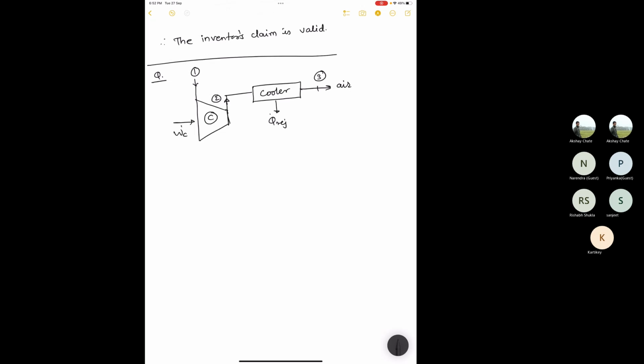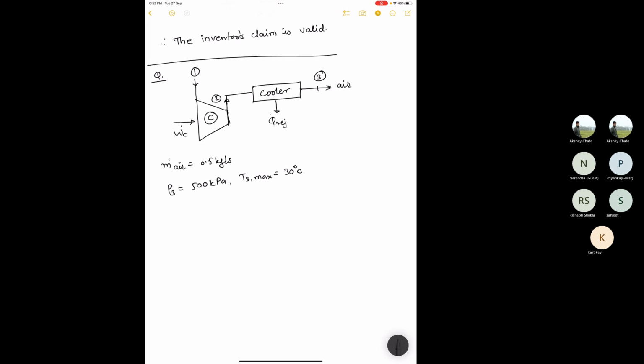Now the data given is m dot of air is 0.5 kg per second. And at the outlet, you need P3, the air at the outlet, to be at least 500 kilopascal, and T3 maximum is 30 degrees Celsius.